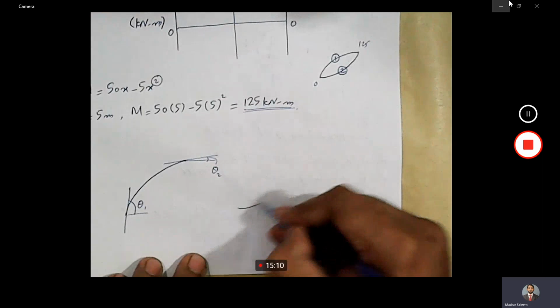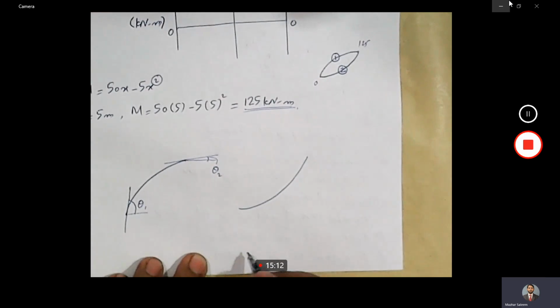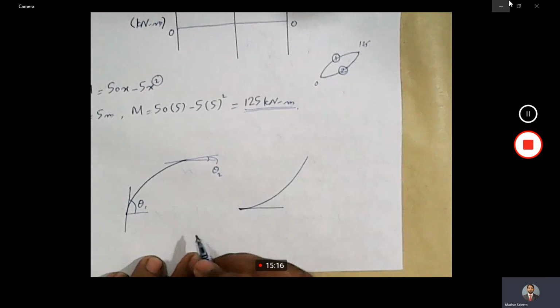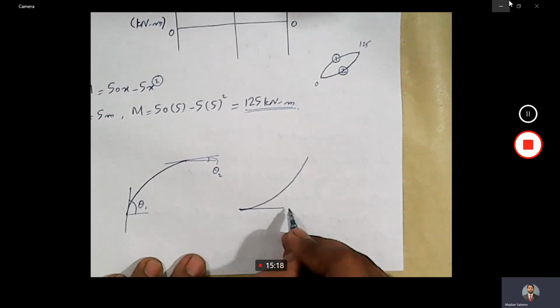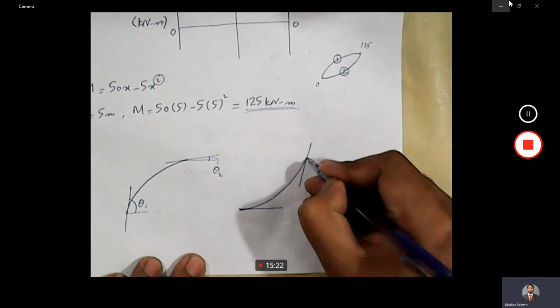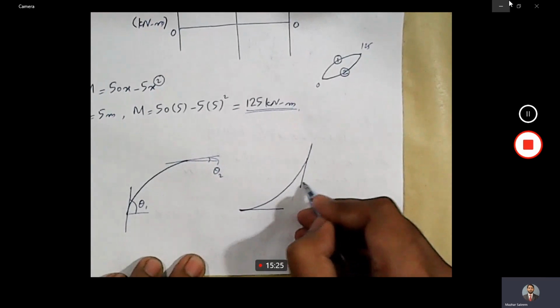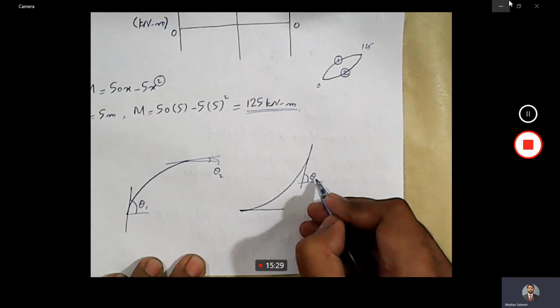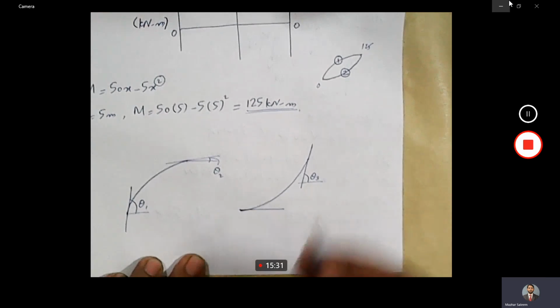And what if I draw a curve like this? It's 0 here. This is a tangent. It's exactly horizontal. If I draw a tangent at this point, how much is the slope? This is, let's say, theta 3 in this case.